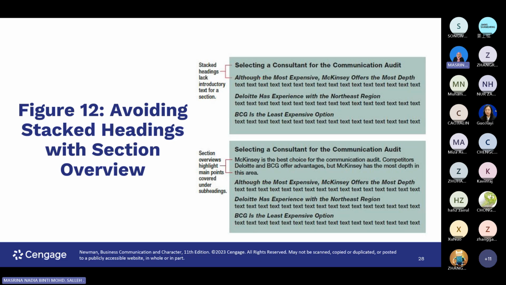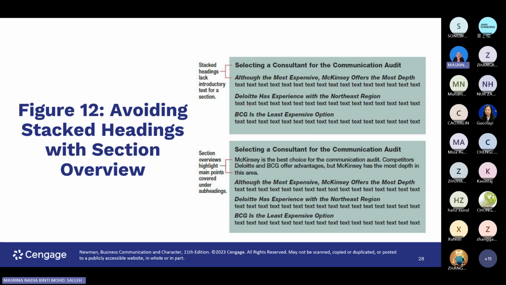Okay, so this is another important thing that I would like to point out, which we call stack headings. Some students love to do a lot of headings here. So this is what we call stack headings. Please avoid this.